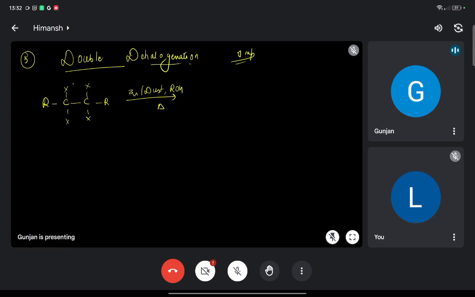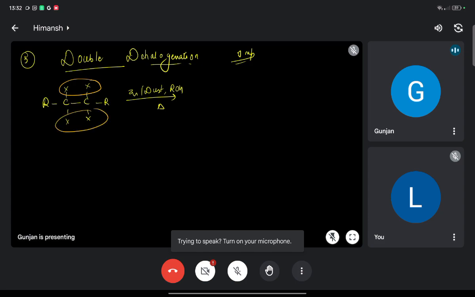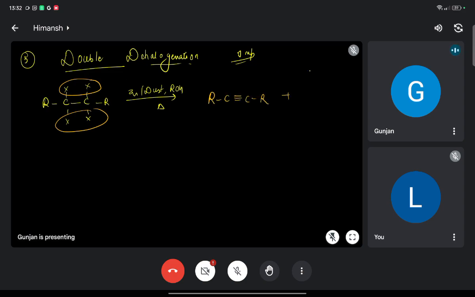So when we are heating it, X2 removes out, X2 removes out, and we will get a triple bond with Zn, X2. Okay, Himansh? Yes, ma'am. Heating with zinc dust, tetrahalides will be converted to alkynes.